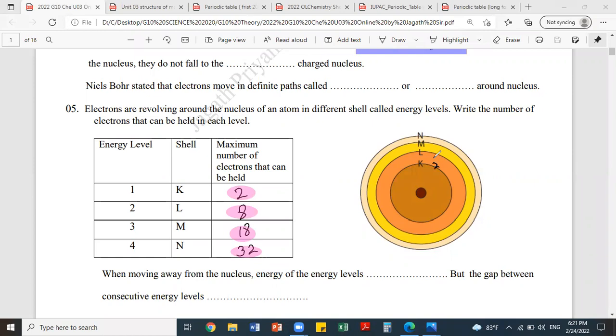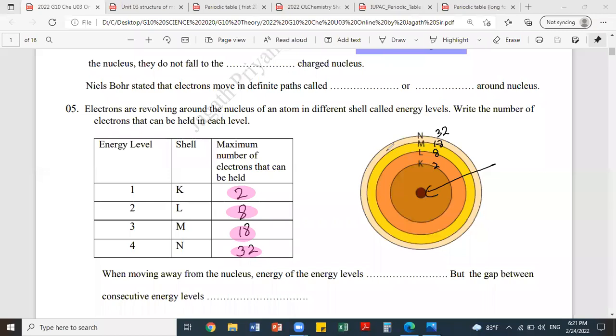So this is called the nucleus. And one more thing, can you all observe, between the second and third energy levels the gap is less, and between the last two energy levels the gap is even less than that.